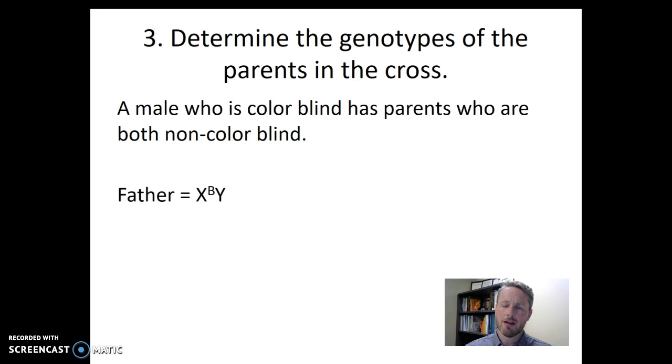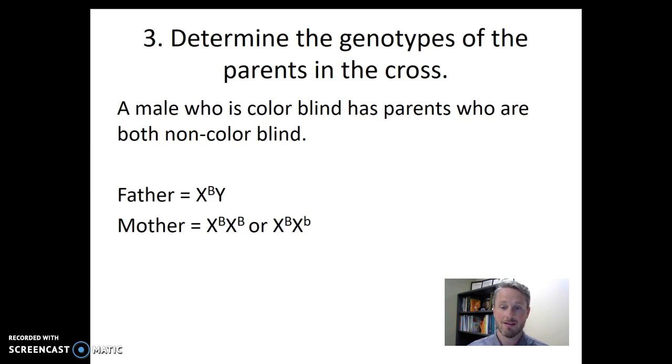But then my mother, again, she's not colorblind. If we look back at the list, we see that females can either be homozygous dominant or heterozygous, and either of these would make them not colorblind. But we have to figure out which my mother is. And I would point out that we know that my mother and my father produced a colorblind child.